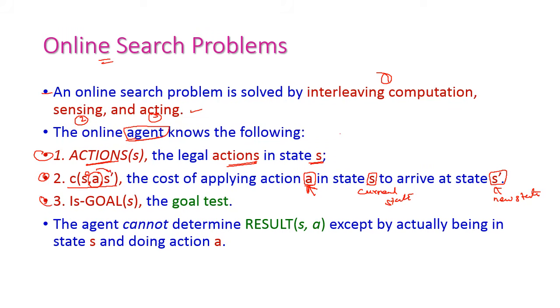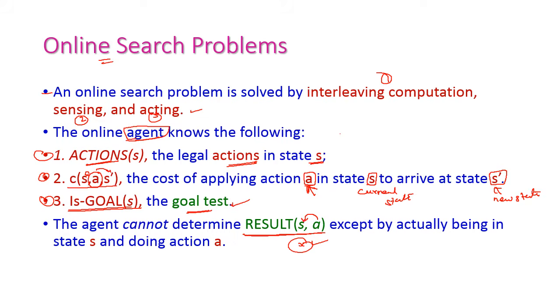And the third one is goal of S. That is, the agent will test whether the current state is the goal state or not. That is called the goal test. And the agent cannot determine these things, which is very important in online searching: the result of S, A. What will be the result of this particular action?